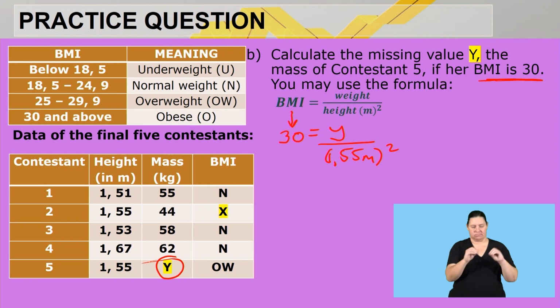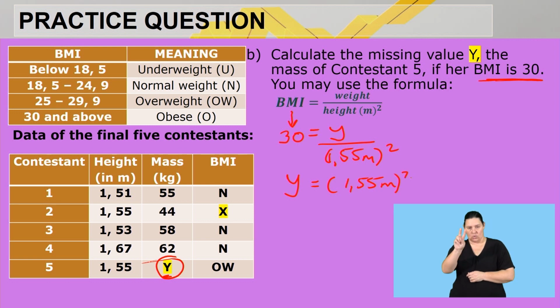I substituted. Okay, now, remember you must calculate the weight, which is now represented by Y. So I'm going to make Y the subject of the formula by saying Y equals 1.55 meters squared multiplied by 30. Remember here, I divided, so I'm going to do the inverse operation of multiplication now.